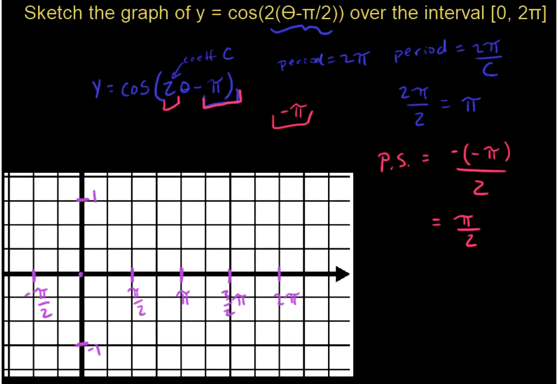Now I'm going to graph this in a few steps so you can see how this works. The regular cosine function starts at 1 and its period is 2 pi, so it would start here, come down like this, come back up, and then right at 2 pi it picks up where it left off.